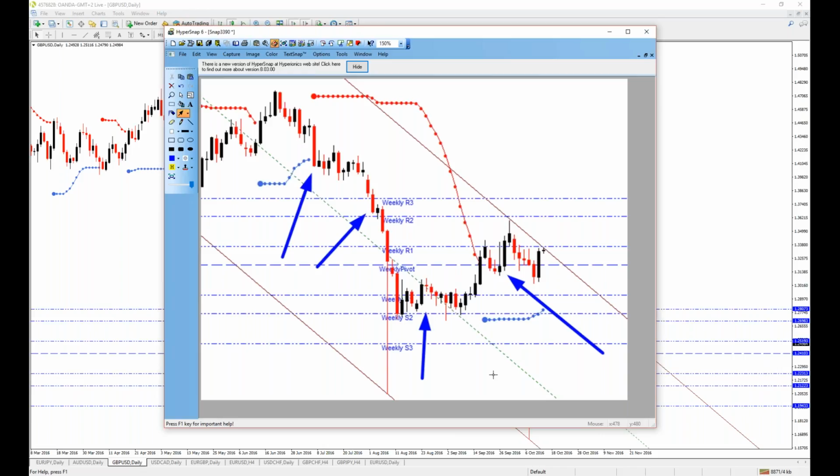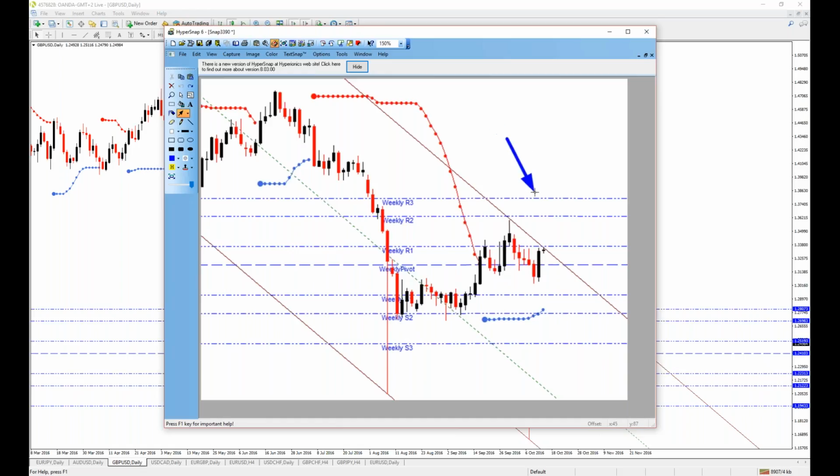A black candlestick means there was more buying than selling. A red candlestick means there was more selling than buying during that 24-hour period. So in futures, we look at bars. In Forex, we look at candlesticks. Okay?